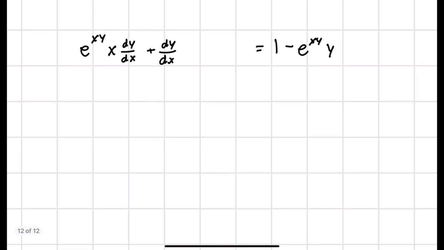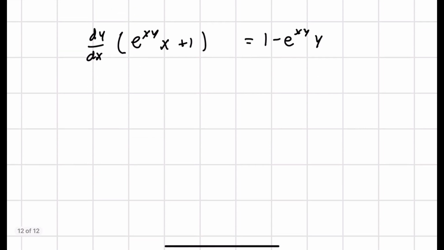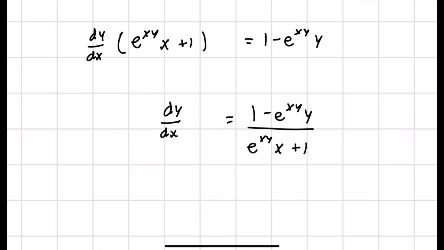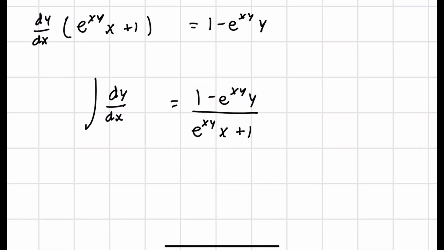Finally, let's factor dy over dx. So we have dy over dx times (e to the xy times x plus 1) equal to 1 minus e to the xy times y. And finally, this gives us dy over dx equal to (1 minus e to the xy times y) over (e to the xy times x plus 1). And this would be our final answer.